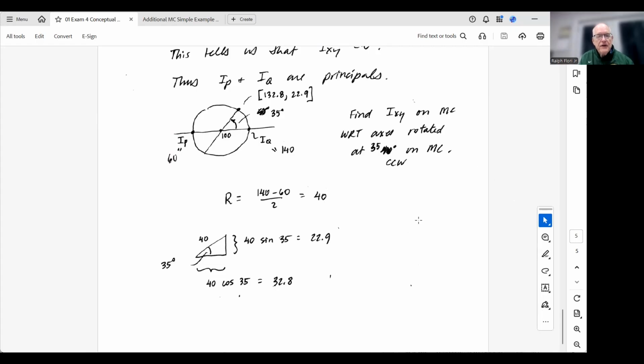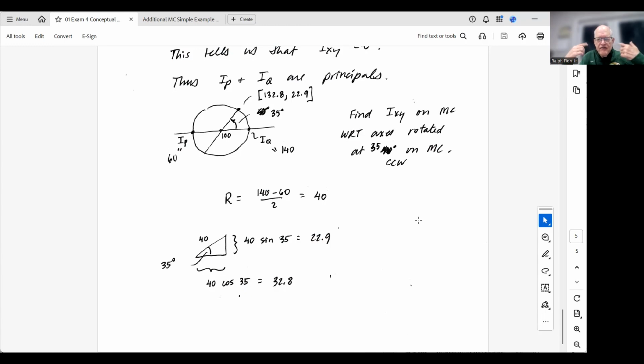In a separate video, I'm going to give you a few more problems like this, but these are typical conceptual Mohr circle questions that show up on tests. And if these are confusing to you, I would strongly recommend that you go through this over and over again and look at the practice exams until you can correctly read the problem, understand what it's giving you, and understand how to start from that to get what it's asking you to calculate.